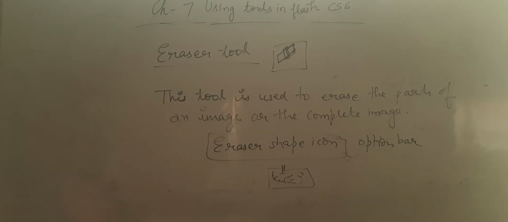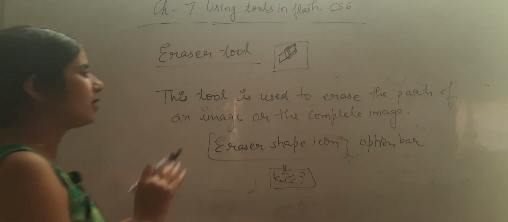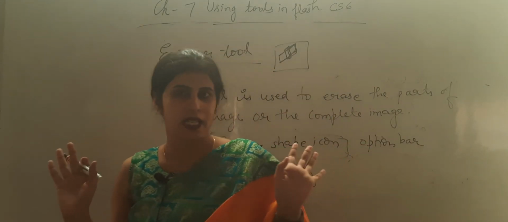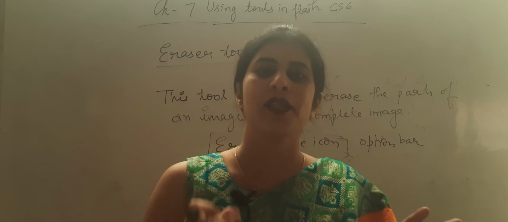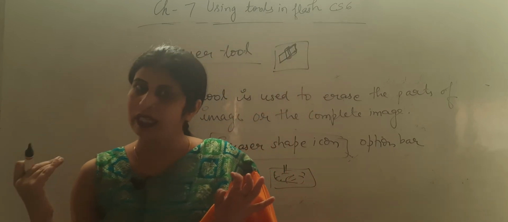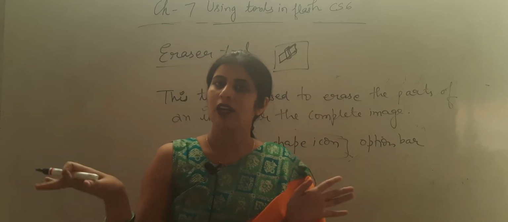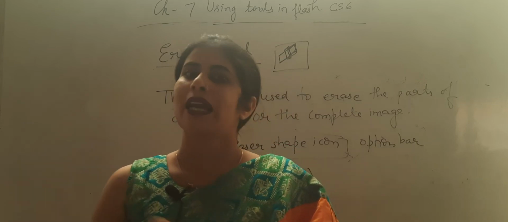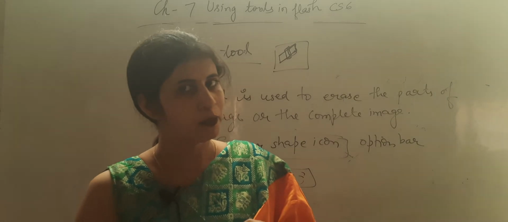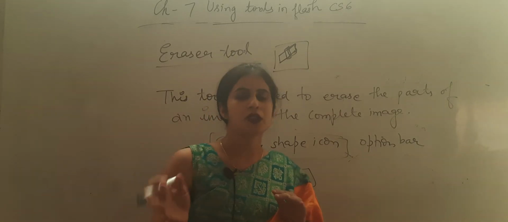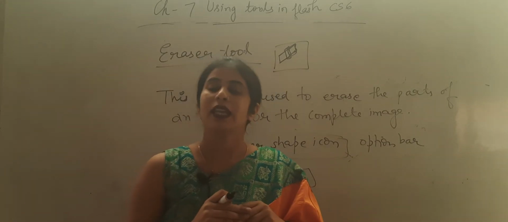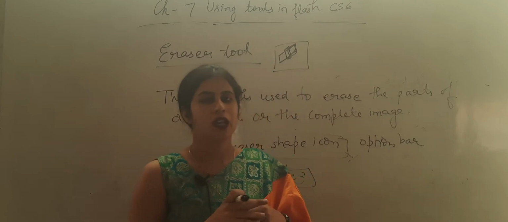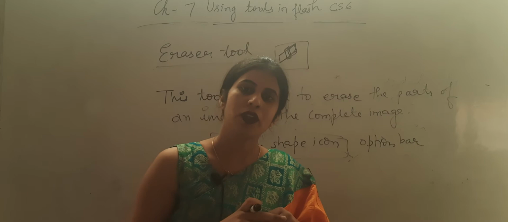The other mode is erase behind. Behind means the back area. The mode that is used to erase the back area, the white area in any part, is known as erase behind mode. There are 5 modes of it. The last is erase selected fill. What is the use of this mode?